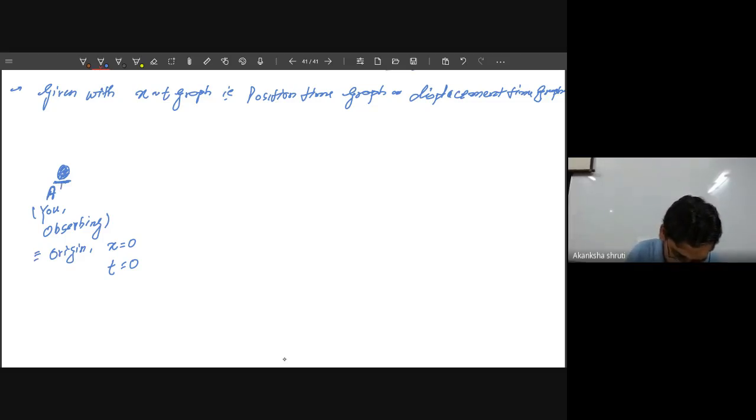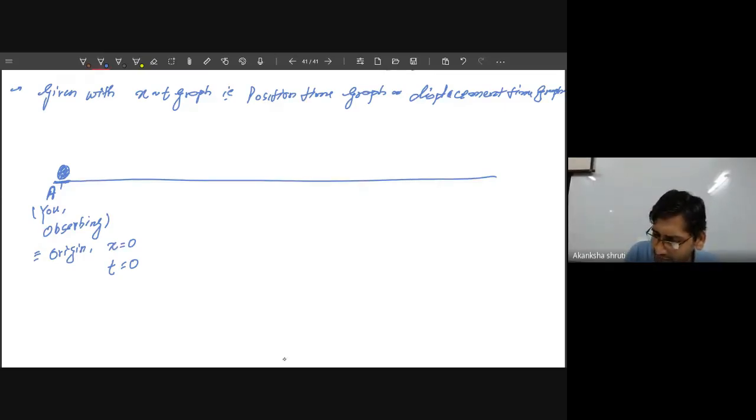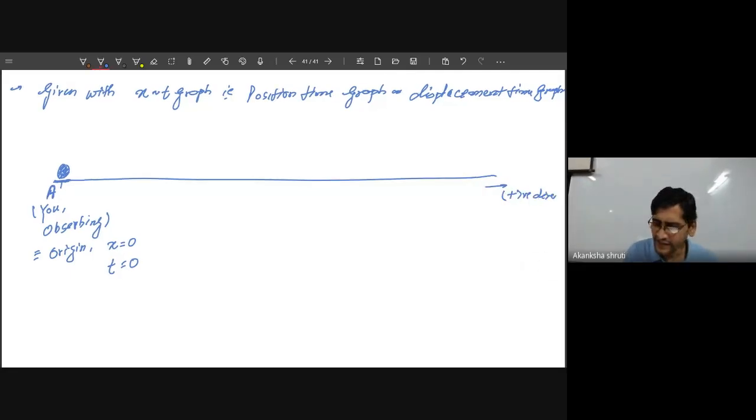Now I am considering this horizontal track. You know that if we move in this direction, it is considered the positive direction. Why? In the real number line, we have also learned that the points or numbers on the right hand side of the origin are taken as positive, while on the left hand side they are taken as negative.